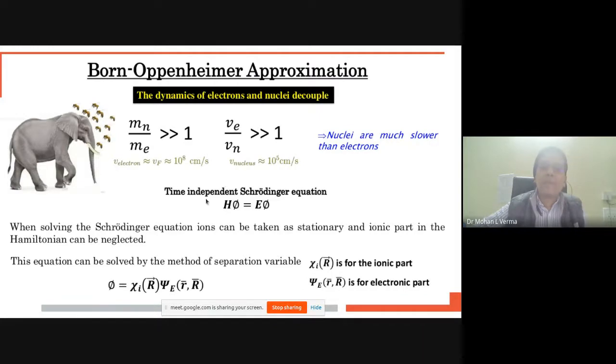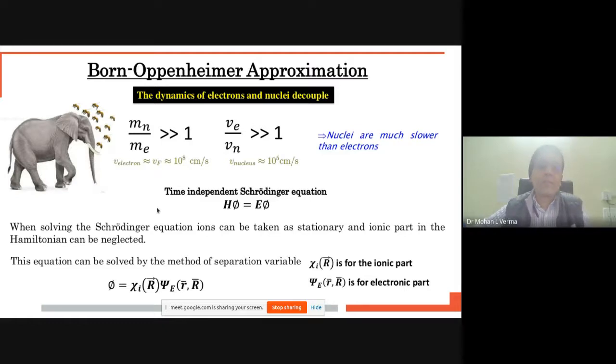And for this time-independent Schrodinger equation, we consider this, and we solve it using the method of separation. So all these are quantum mechanical terms.